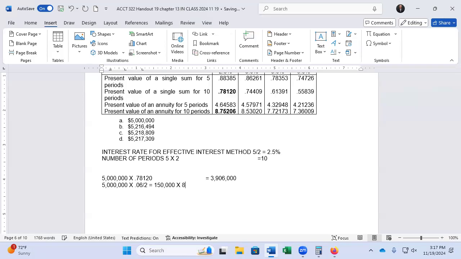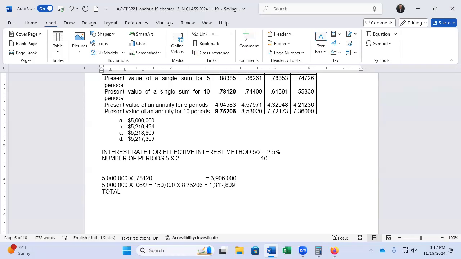We multiply that by 8.75206. And that equals 1,312,809.